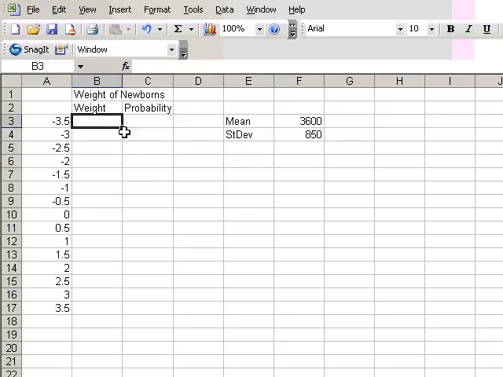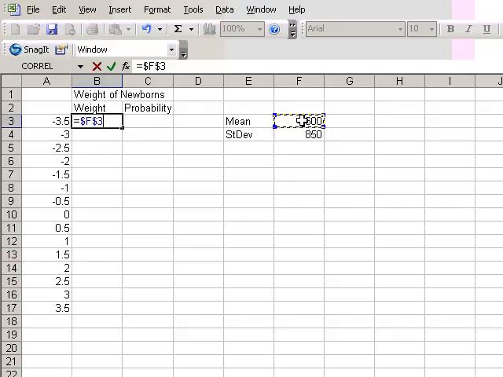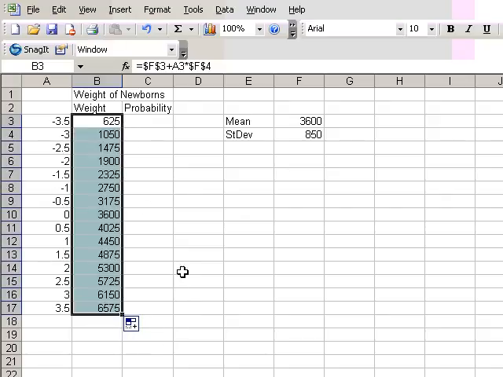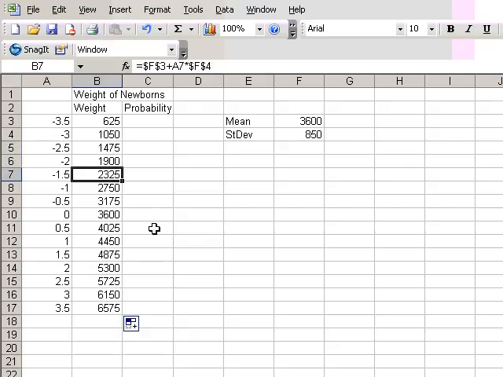So, if I say that this weight is equal to the mean, fixed with an F4, plus the standard deviation unit times the standard deviation itself, fixed with an F4, I see that the weight at minus 3.5 standard deviations is 625 grams. If I click this down, I have the weight at the various standard deviation units from the mean, and here is the mean weight of 3,600 grams.